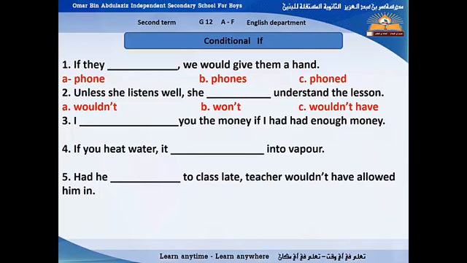I space you the money if I had enough money. We have the given sentence here, if I had enough money. Try to think which case we have here. You have 10 seconds.